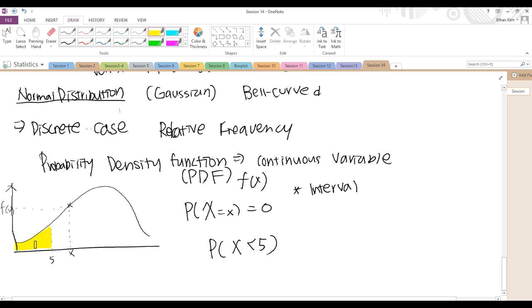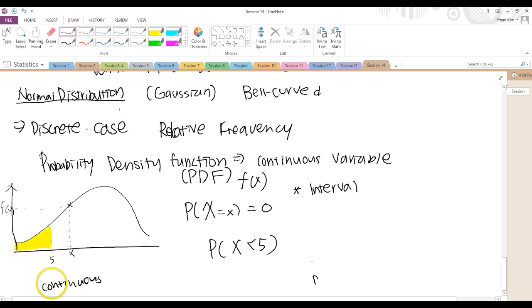This is the probability of something happening. So we always have to give it an interval or a range in order to find some kind of probability for a continuous case, because a single point is always 0.